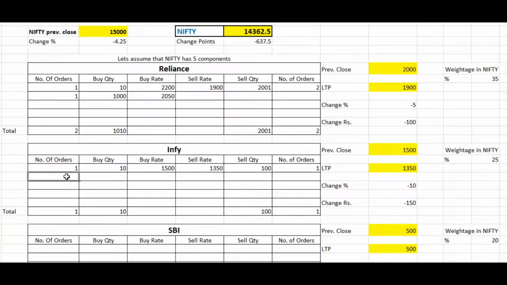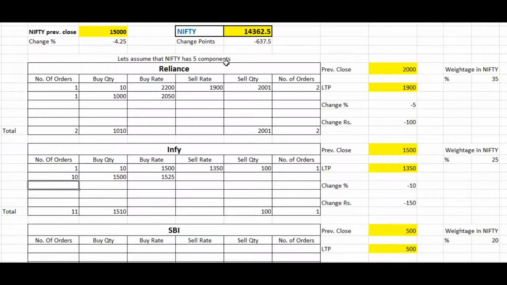Now in the case of Infosys, a huge chunk of buyers is coming in. There are 10 buyers coming at the same price. They want nearly 1000, let's take an example of 1500 shares. They want the stock at 1525.